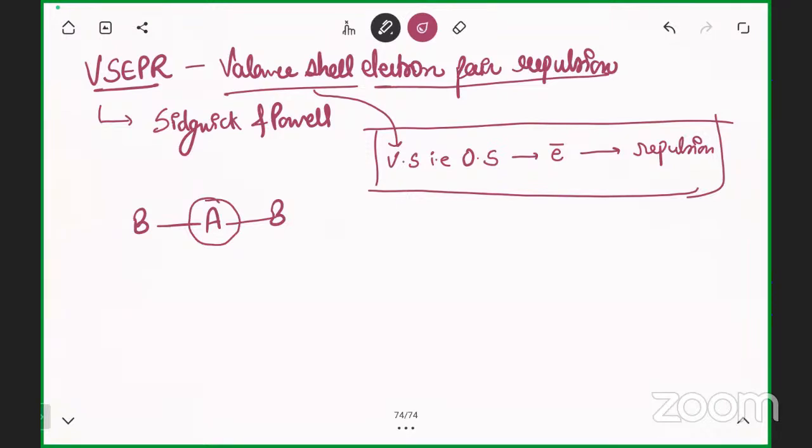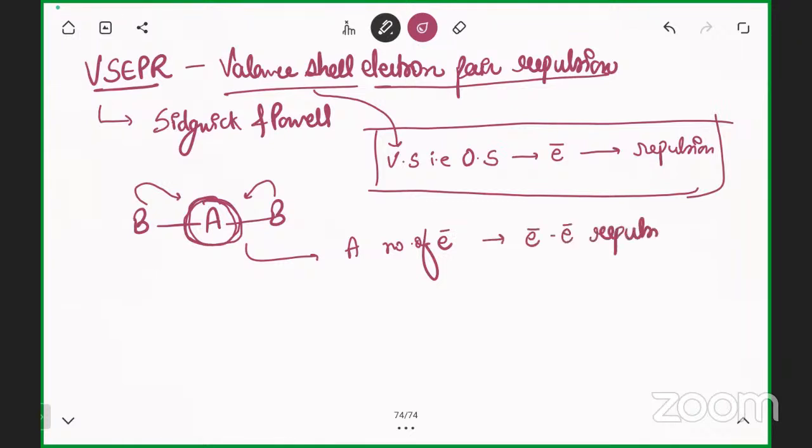Around this central atom there are electrons of B, electrons of A, and electrons of the other B. So A is surrounded by a number of electrons, and there is a possibility that the electrons will repel. Clear?